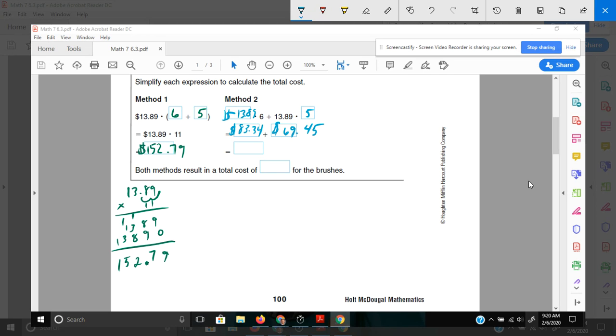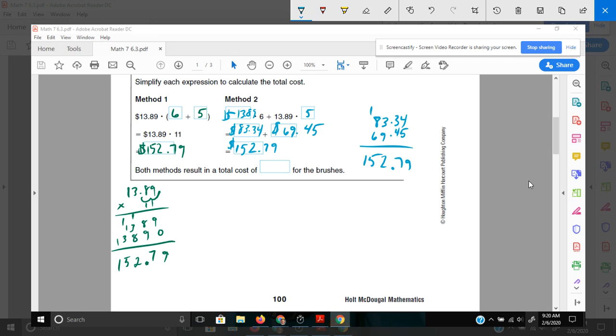We'll have to add those two together now. Let's do a little addition practice. We'll make sure we line up our decimals when we're adding decimals. 9, 7, bring my decimals straight down. 12, carry the 1, and 15. So we come up with $152.79 for the second method.